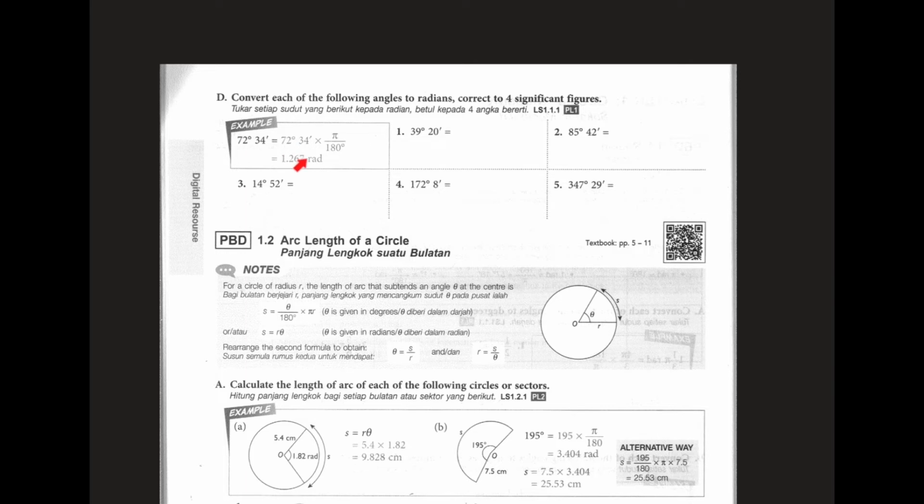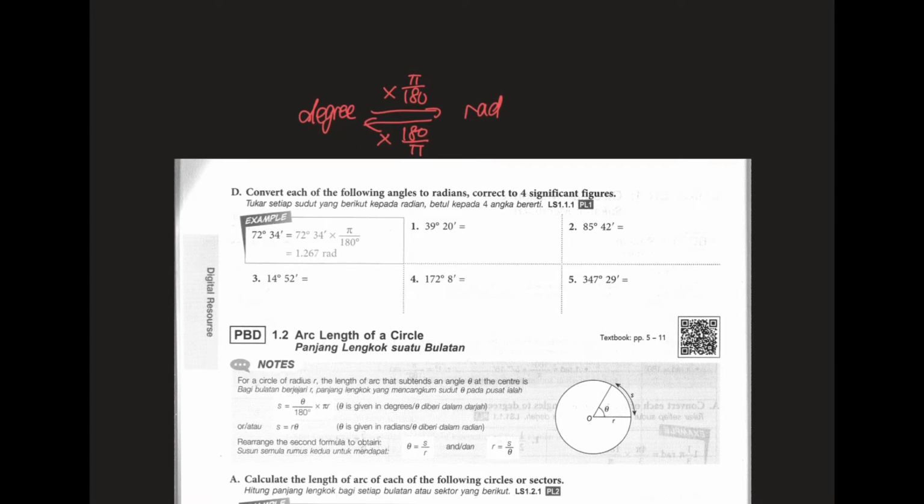Again, this is degrees. You change to radians. So remember that degree to radian, we multiply with pi over 180. Of course if you do backward, it's 180 over pi. So we take the degree, multiply with pi over 180. And since they said 4 significant figures, you can just press the calculator together with pi.